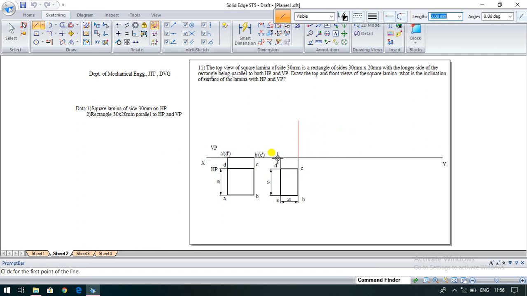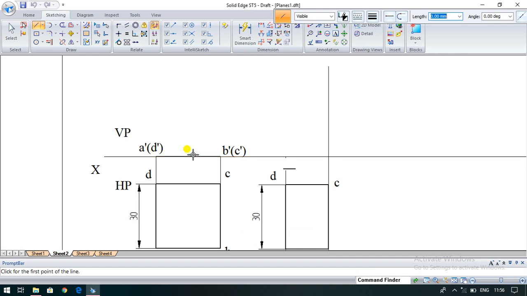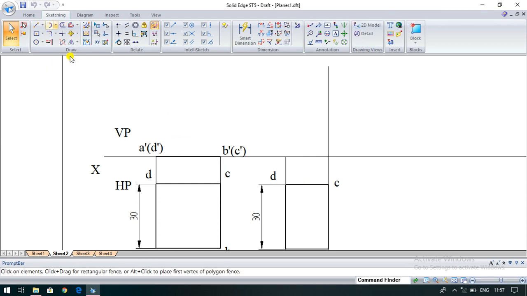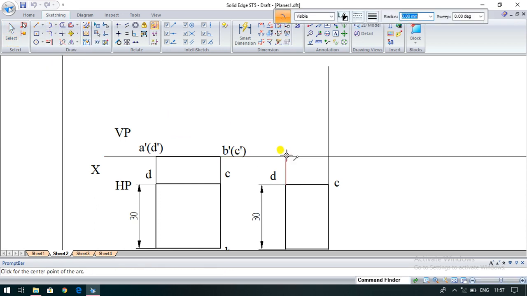Now we need to draw an inclination to HP here. We have a length but we don't know the angle. So measure this distance. It is 30 mm. Go for arc by center point, with A dash as the center point, and the radius should be 30 mm.